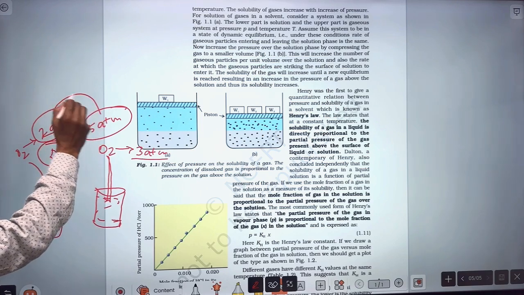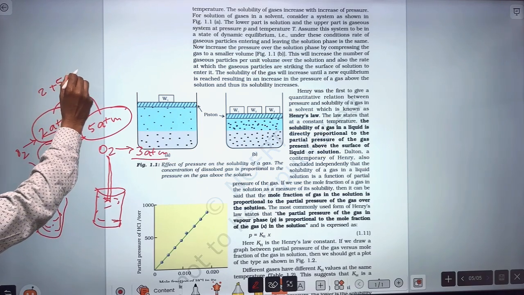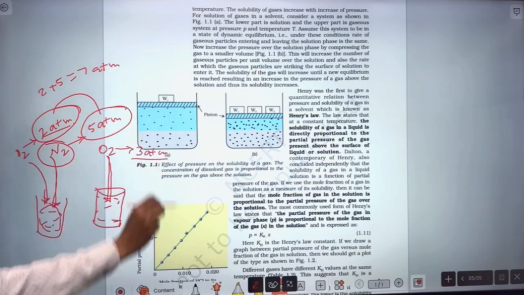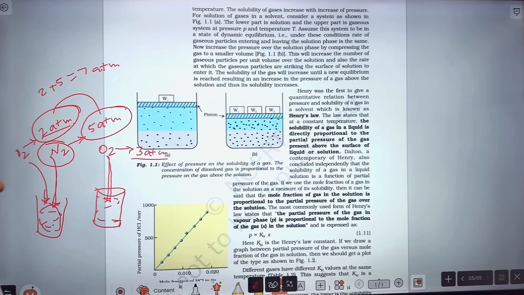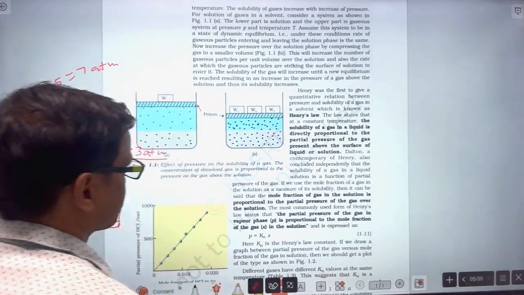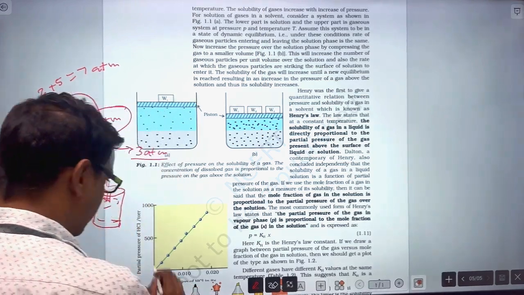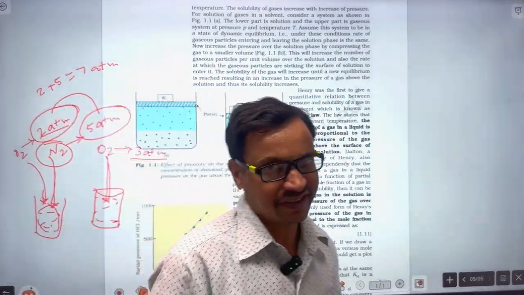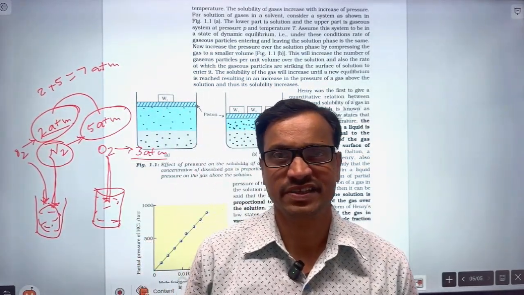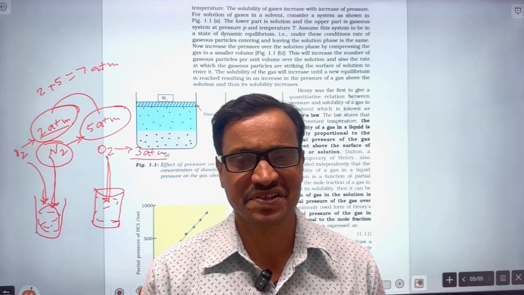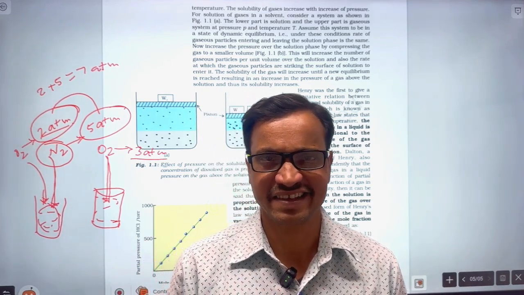The total pressure of the gas will be 2 plus 5, that means 7 atm. That is partial pressure. So Henry's law states that the solubility of a gas in a liquid will increase on increasing the partial pressure of that gas.